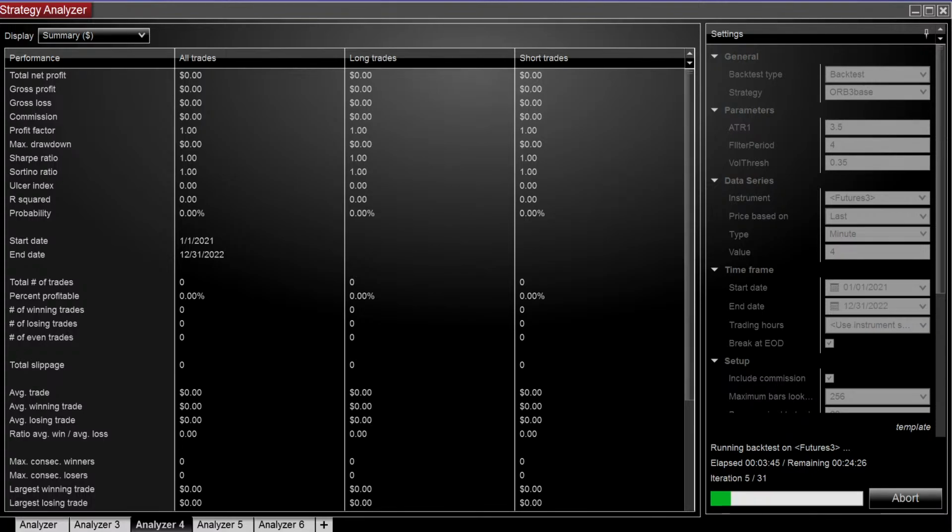Of course, it can be used for any strategy. But will it affect our bottom line? That is the question.